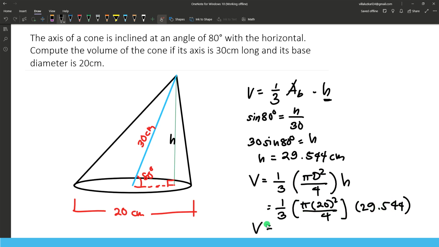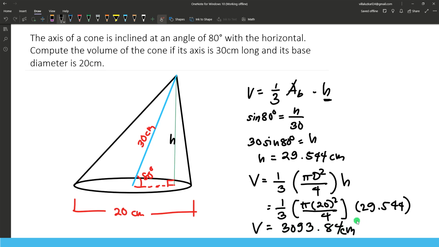The volume therefore equals 3093.84 cubic centimeters.